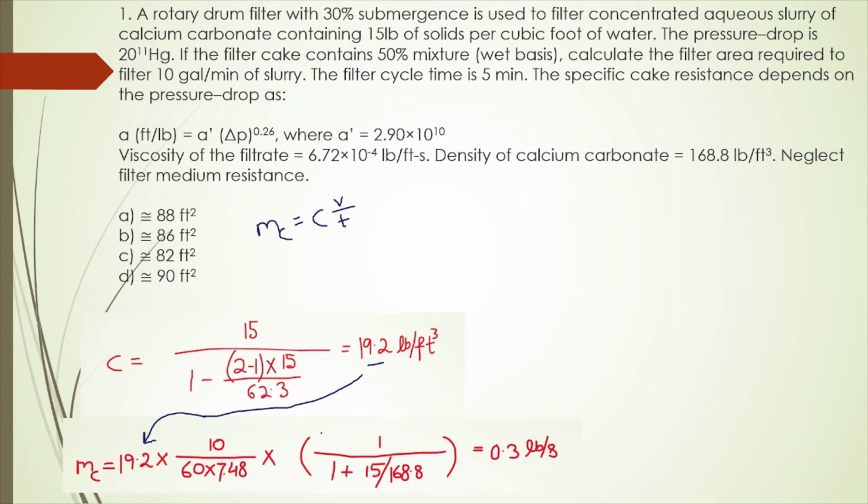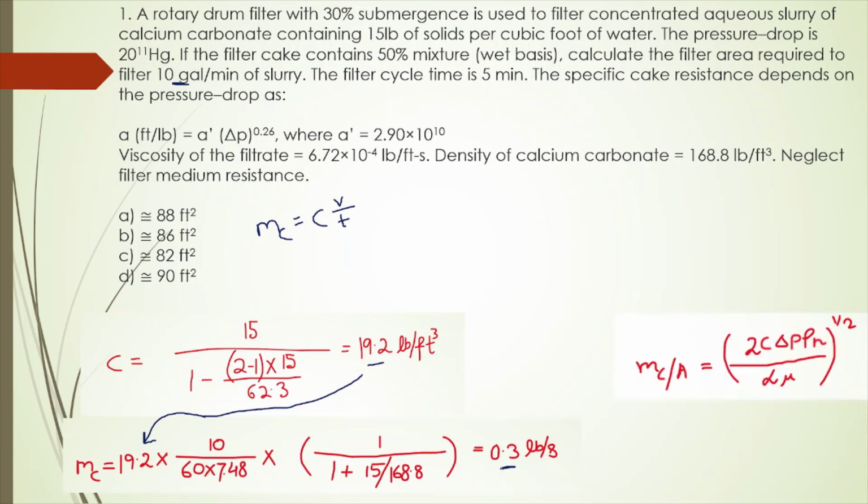So here C is put as 19.2 into 10. 10 here was 10 gallons, so you need to convert it into FPS system. So by required conversions and everything, and putting the time also, the value of MC comes out to be 0.3 pound per second. Okay, 0.3 pound per second.